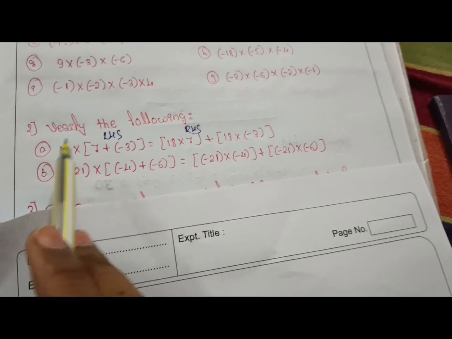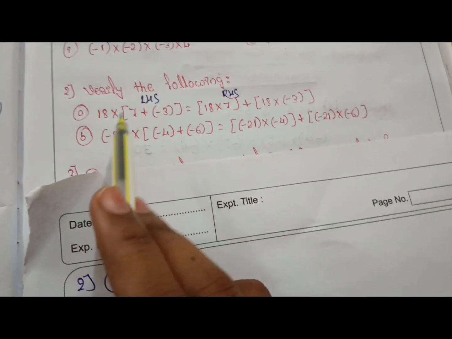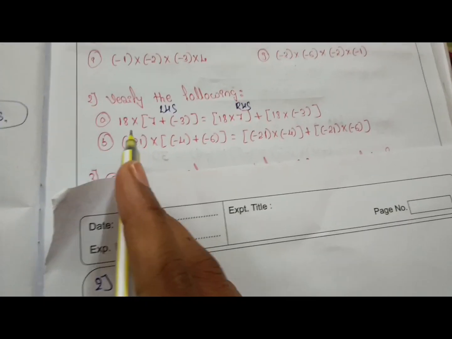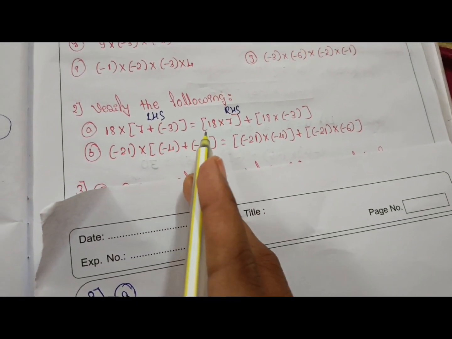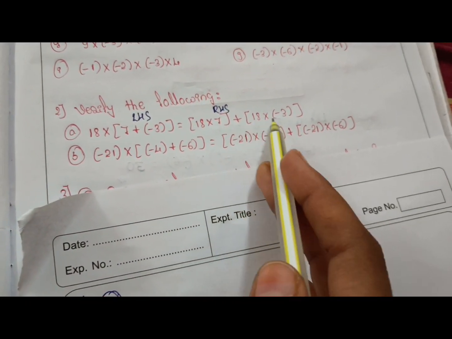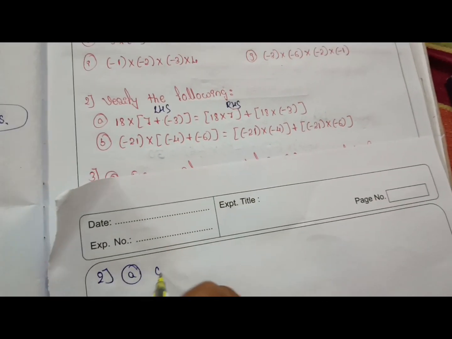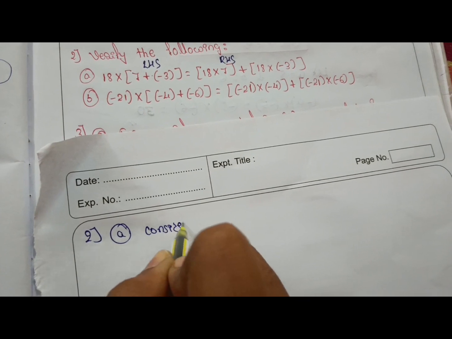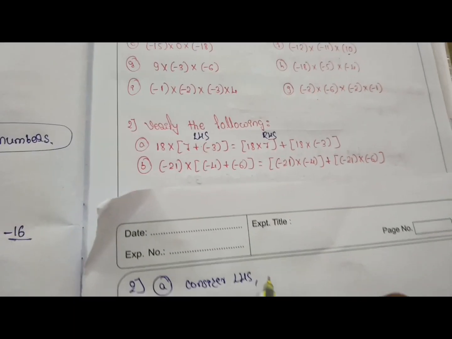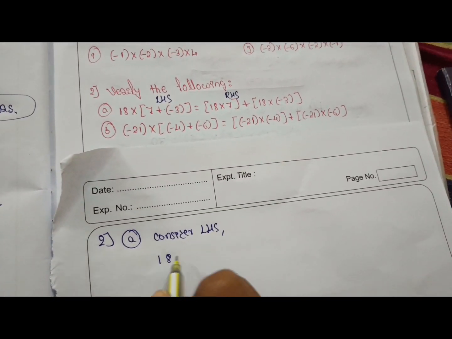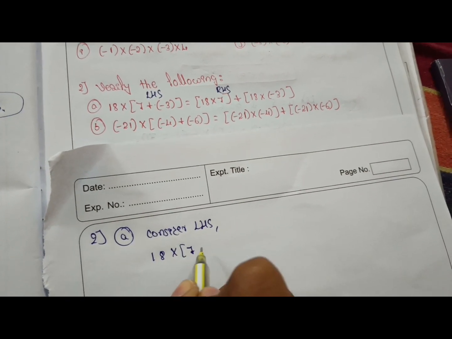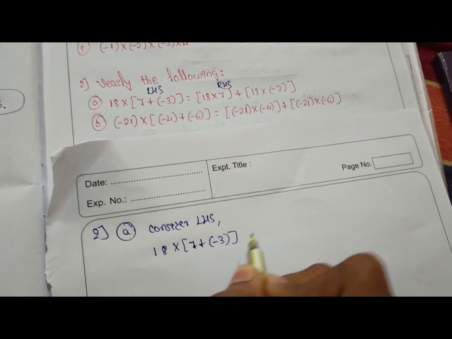Second question, verify the following. In sub question A, 18 into 7 plus minus 3 is equal to 18 into 7 plus 18 into minus 3. This is LHS and this is RHS. Now consider LHS. That is 18 into 7 plus minus 3.